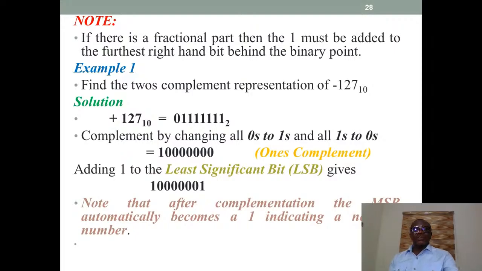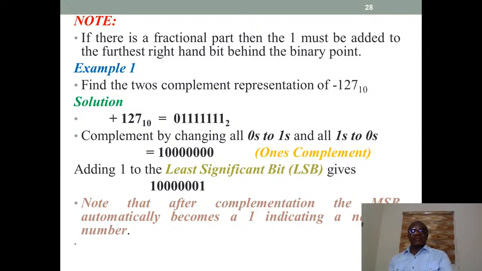Then because this is positive 127, we add a 0 to the leftmost end to show that the number we are looking at is a positive number. That is what the first step told us. Then we complement by changing all zeros to ones and all ones to zeros.